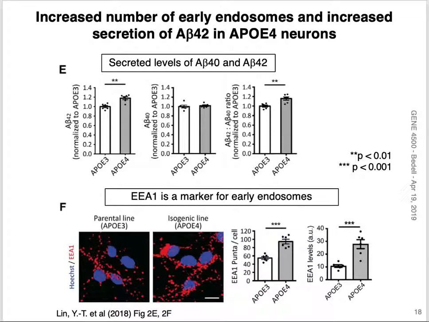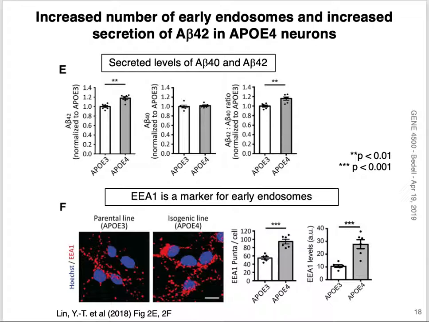So what they're doing is taking back that A-beta and basically recycling it inside the cell and presenting it back for endocytosis. And these increased numbers of early endosomes have been observed in both tissue culture models and in actual brain samples with Alzheimer's, but it wasn't clear what the significance was.